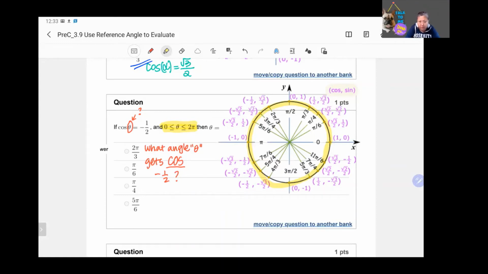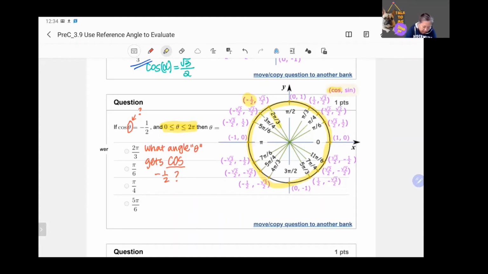Okay, then strategically, we can only go by the x coordinate because the x coordinate indicates the cosine value. Which original angle gets the x coordinate -1/2, right? So here, the x coordinate is 1, radical 3/2, radical 2/2, just +1/2, and then 0, and here. Finally, we find it here, so this is the first angle position.